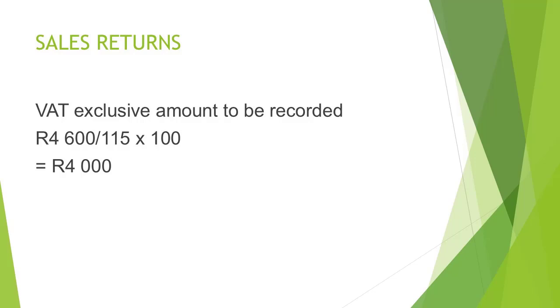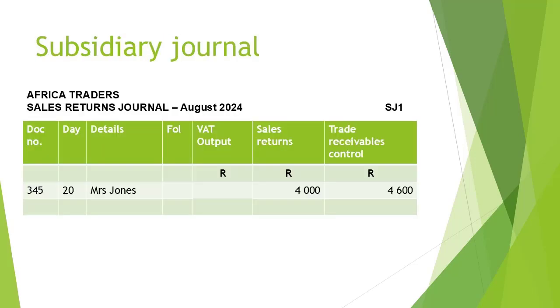To calculate the VAT exclusive amount, you take the R4,600 divided by 115 multiplied by 100. Therefore, the amount to be recorded in the sales returns column is R4,000. If we now go back to our sales returns journal, we record the R4,000 in the sales returns column.